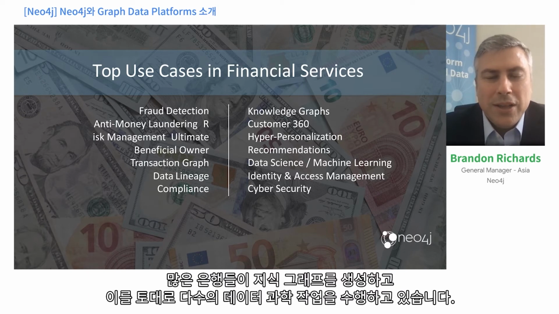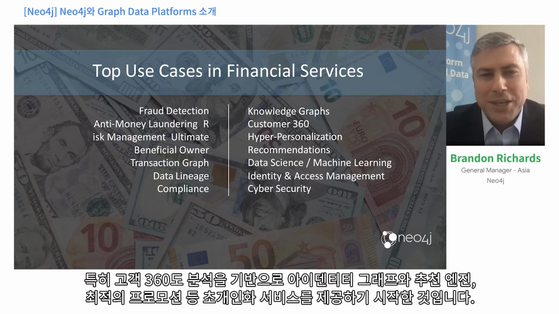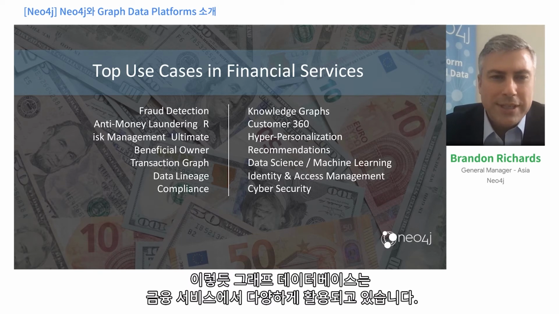We're seeing a lot of banks creating knowledge graphs and doing a lot of data science on top of those, especially starting with something like a customer 360 and then going into hyper-personalization, identity graphs and recommendation engines on what's the next best action or promotions that would be relevant to them. So we're starting to see a lot in financial services.